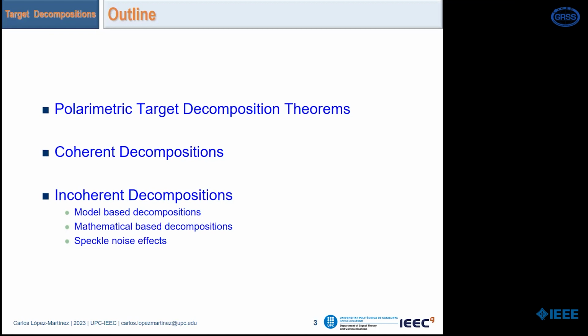Also, life is something more than dihedral, trihedral, and spheres. In real life, we don't have that. We have something more complex. So how do we interpret this complexity physically?